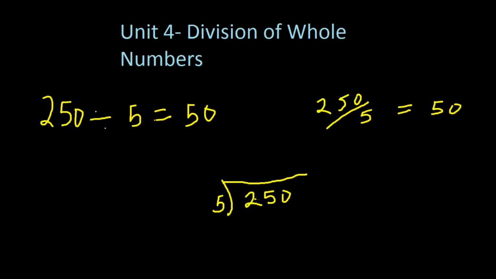So how many times will 5 go into 25? Well, that would be 5 times, wouldn't it? So 5 times 5 is 25. We write 25. We subtract that, it comes down to 0. We drop this number down to 0. 5 goes into 0 times, and there's our answer. 250 divided by 5 is 50.